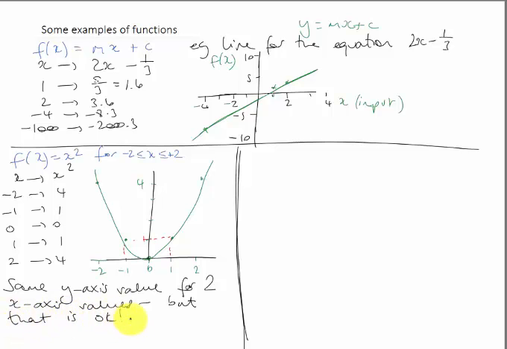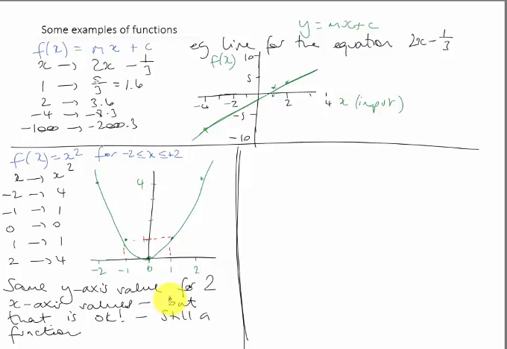That is okay. Still a function. Alright, so this is what we call a quadratic function. So it looks a little something like that. So it's symmetrical in this case around the y-axis, around 0.